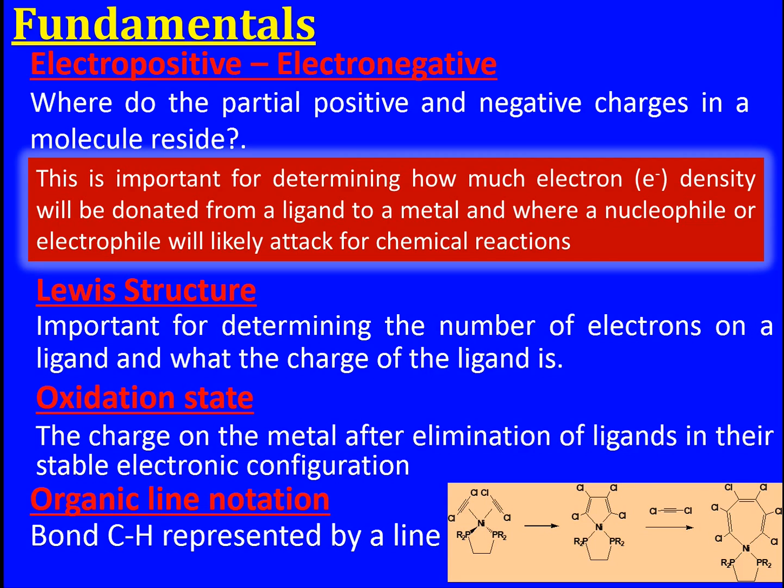Electropositive and electronegative: where do the partial positive and negative charges in a molecule reside? This is important to determine how much electron density will be donated from a ligand to a metal center, and where a nucleophile or electrophile will likely attack for a chemical reaction.